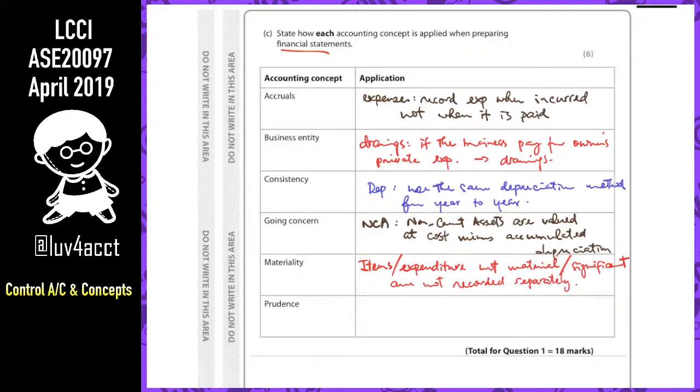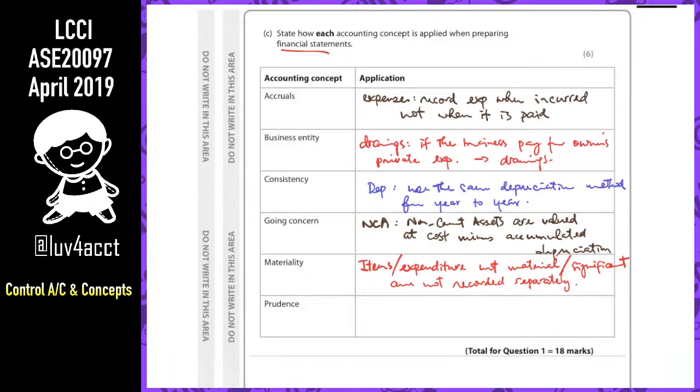For example, stationery expenses, because they are not material expenses, you do not put it into the non-current asset. You simply write it off as expenses for the current year.